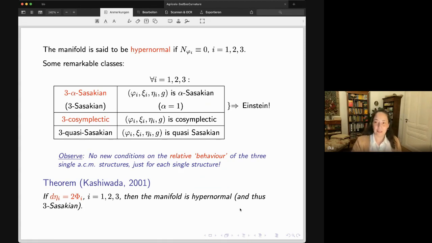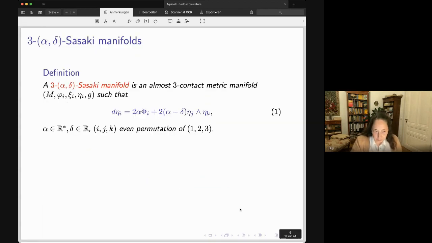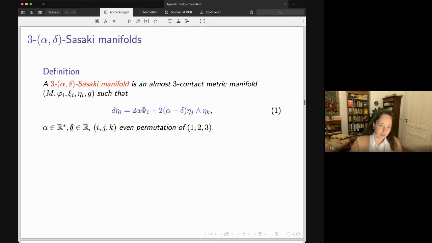Okay, good. So free alpha delta Sasaki manifolds. They are almost free contact metric manifolds with phi I, psi I, eta I, such that we have two constants, alpha, real, non-zero, and delta, any real number, satisfying d eta I equals 2 alpha phi I. So that would be the normal contact condition we know from the one-dimensional situation.